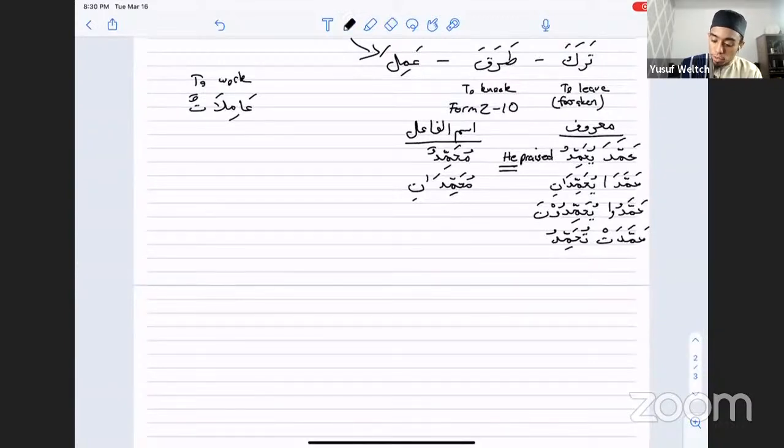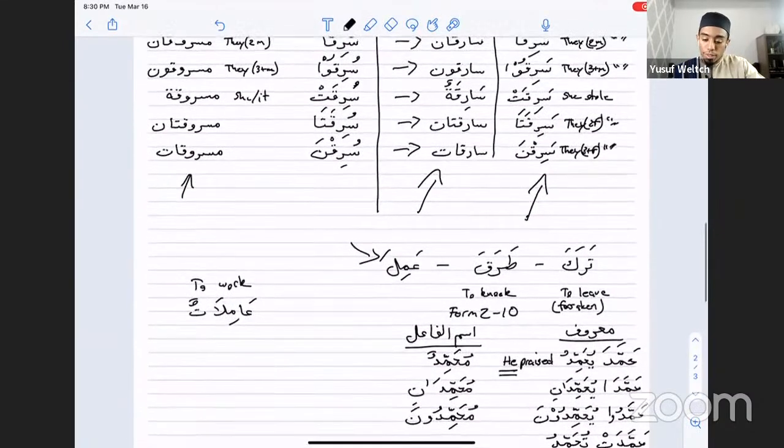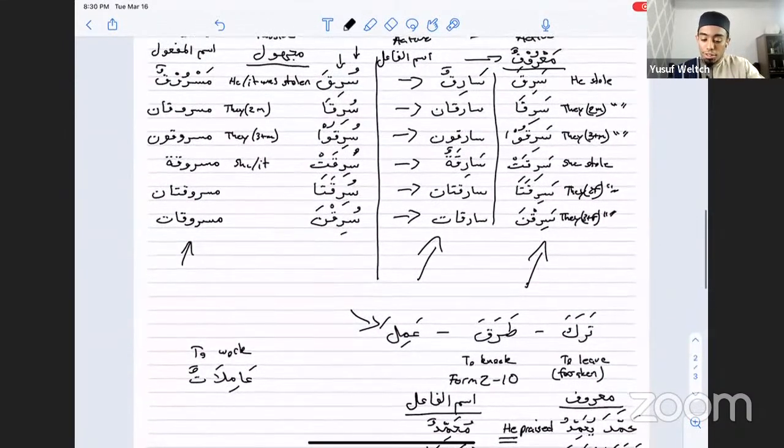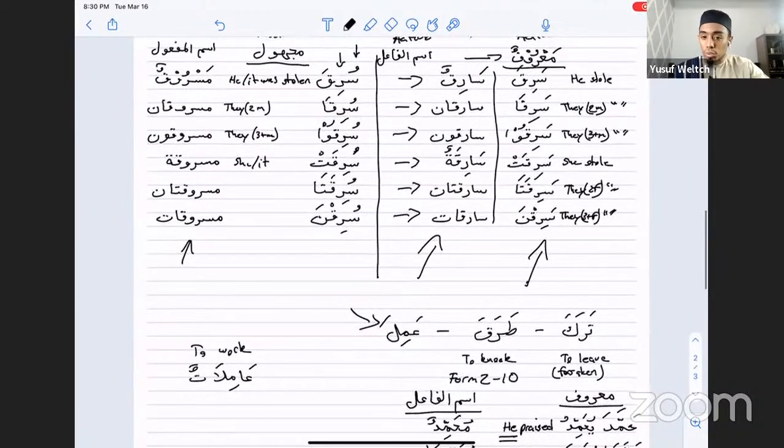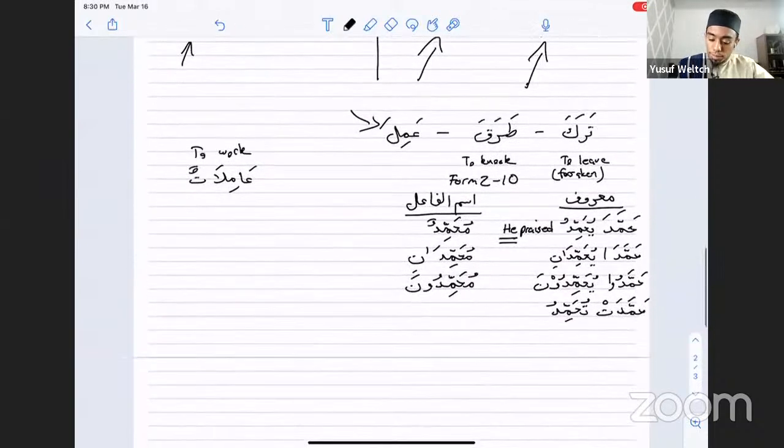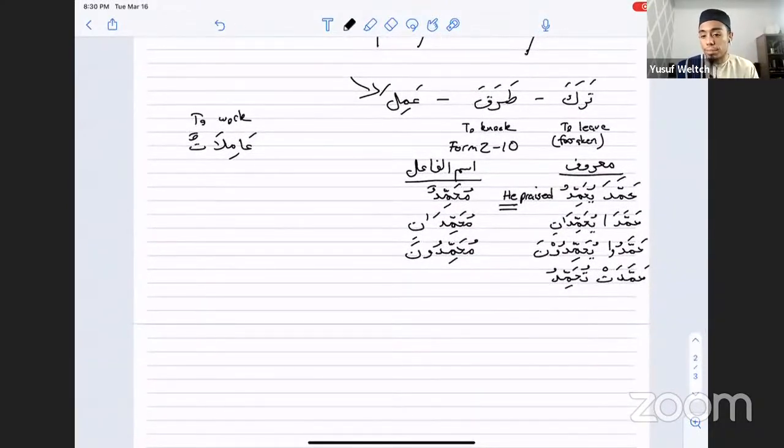And then Yuhammiduna becomes Muhammiduna. Right, so you can compare this to what we did before. Sariqun became Sariqani, which is dual, and then Sariquna. Same thing here. Muhammidun, Muhammidani, Muhammiduna.